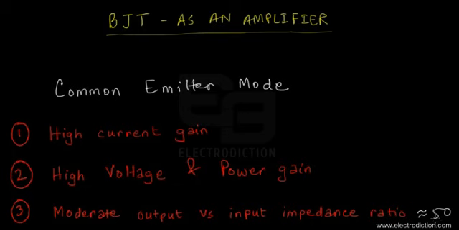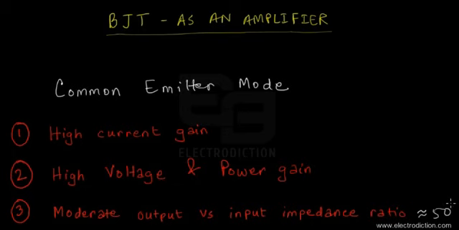If there's an amplifier where we would require quite a high amount of gain, which a single transistor could not provide, then we can cascade several common emitter mode stages so that we can get the requisite amount of gain. The impedance ratio we're getting over here is quite moderate, and it helps in cascading of the stages.